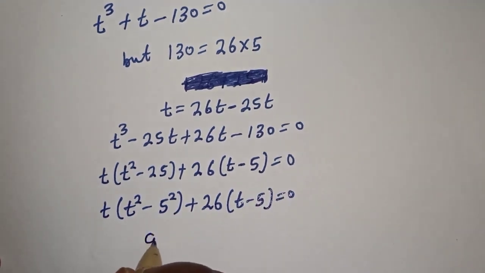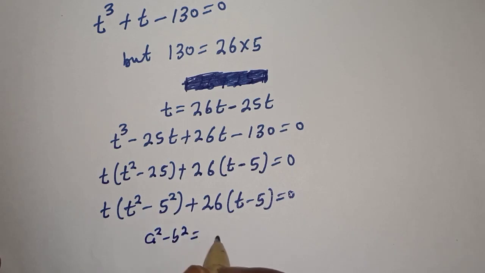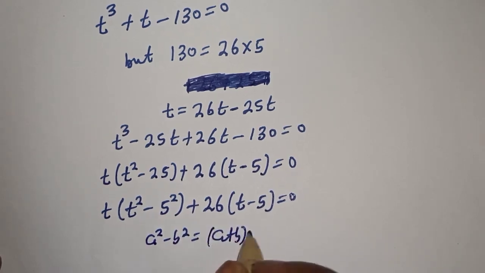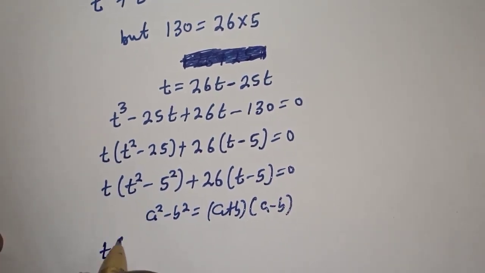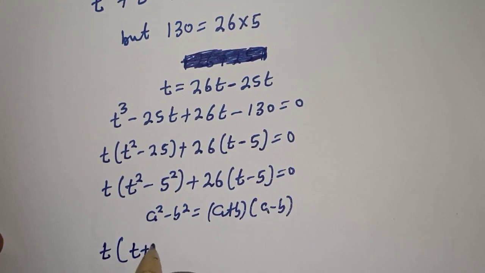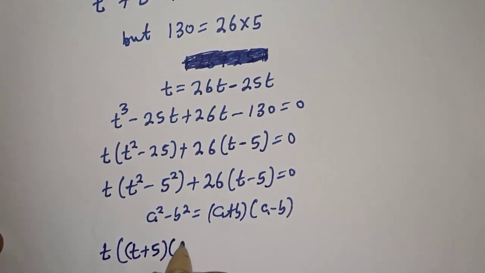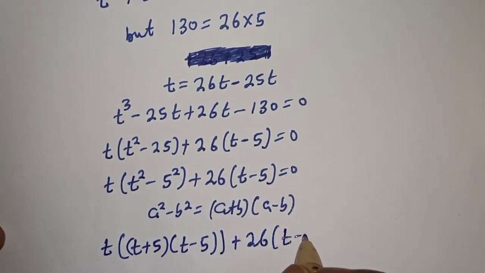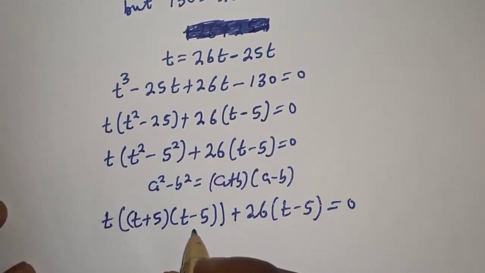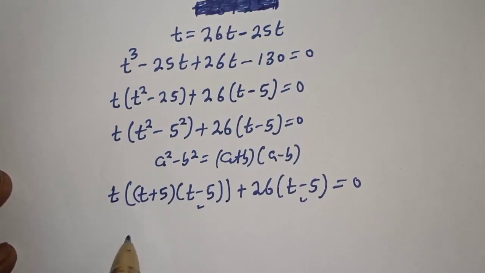If you have a squared minus b squared, this is equal to a plus b multiplied by a minus b. Here is t bracket t plus 5 multiplied by t minus 5 plus 26 bracket t minus 5 is equal to 0. t minus 5 is common here.